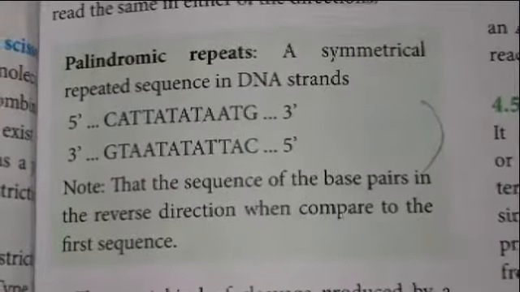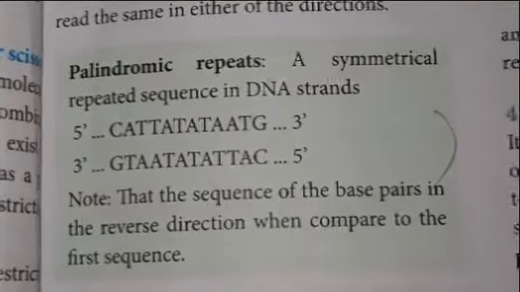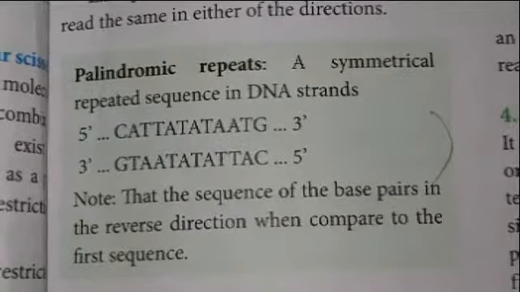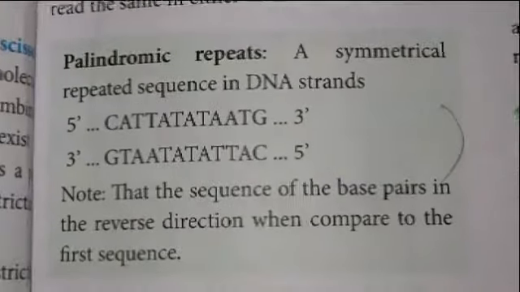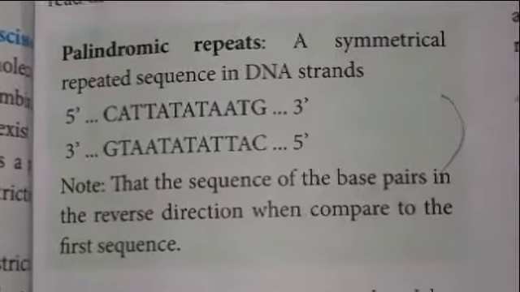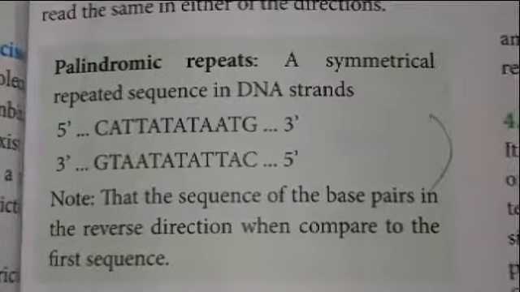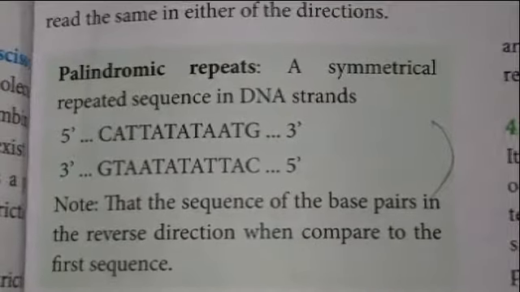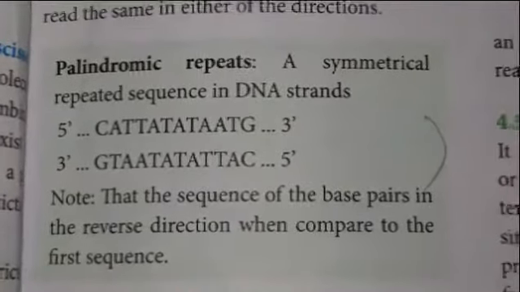Palindromic repeats: a palindromic sequence is a symmetric repeated sequence in DNA strands. C stands for cytosine, A stands for adenine, T thymine, A adenine, T thymine, A, T, T, G. The next strand repeats the mirror image of the first strand: G, T, A, T, A, T, A, T, T, A, C. This type of complementary strands are called palindromic repeats.